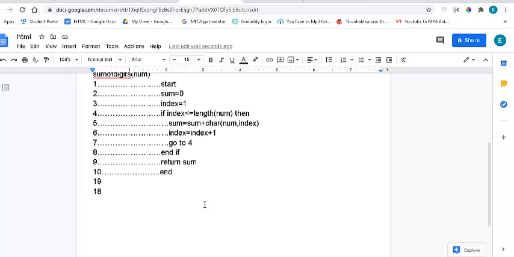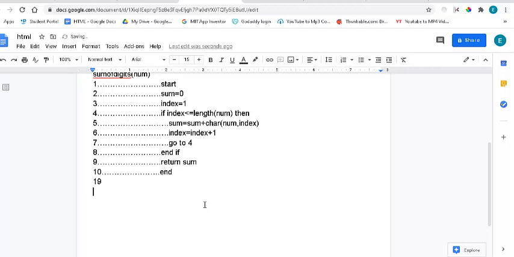Meaning, if I want to check to see if 19 is prime, I have to check if it's divisible by 2, 3, 4, 5, 6, 7, up to and including 18, 1 less than the number. For instance, for 18, I have to check if it's divisible by 2, 3, 4, 5, 6, up to and including 17. And return false as soon as I see it's divisible by any one of these numbers.